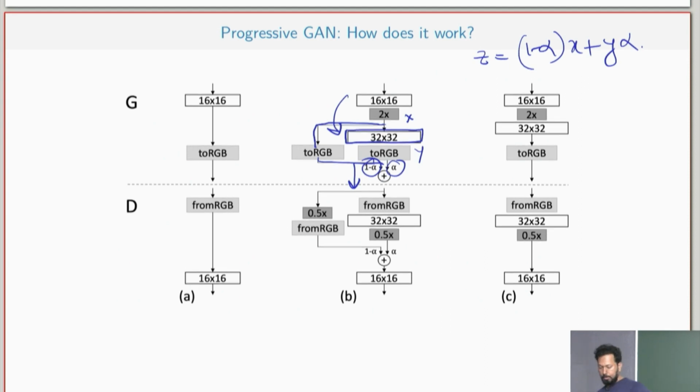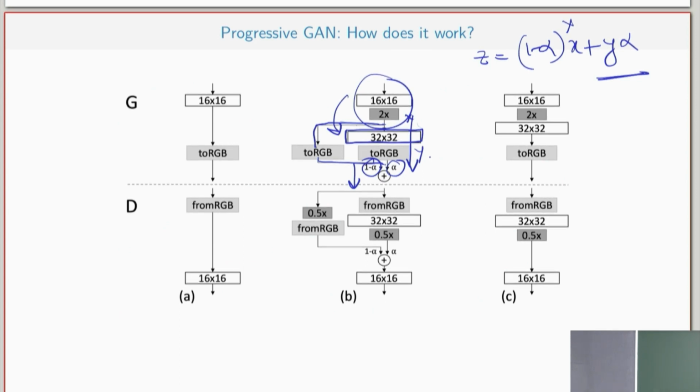And this alpha is also varied. If you keep alpha at 0, it will use just the initial block. If alpha is 1, then this won't be taken; it will pass completely through the upsampled output. So this is also part of the progressive training that they suggest.